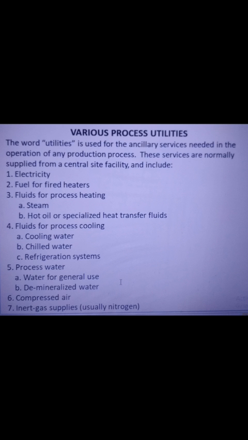Nitrogen is normally used and can be manufactured on site in an air liquefaction plant or purchased as liquid in tankers. Nitrogen and oxygen are usually purchased from one of the industrial gas companies via pipeline or small dedicated over the fence plants. So these are the various process utilities in chemical plants.